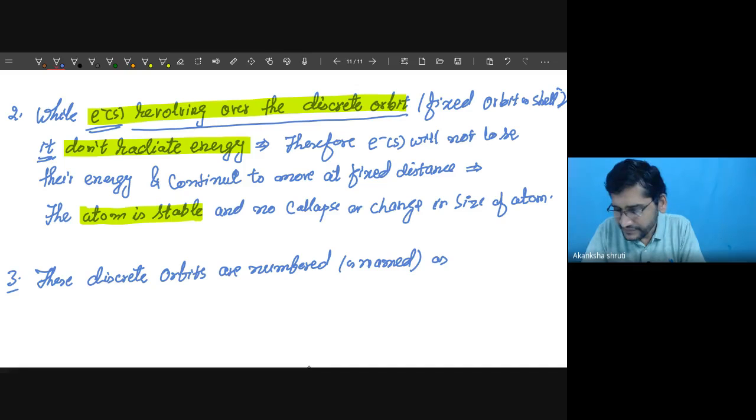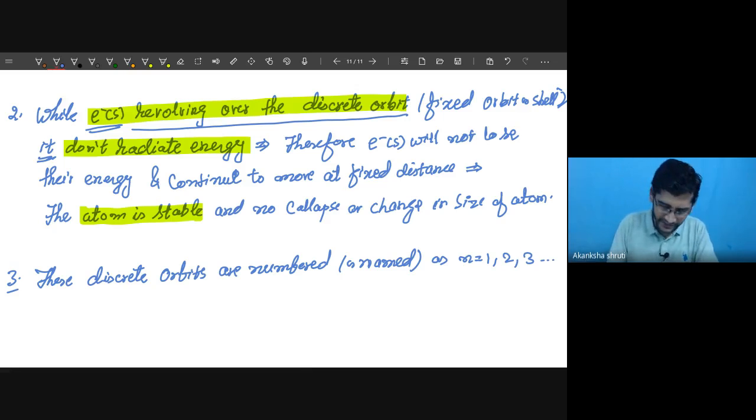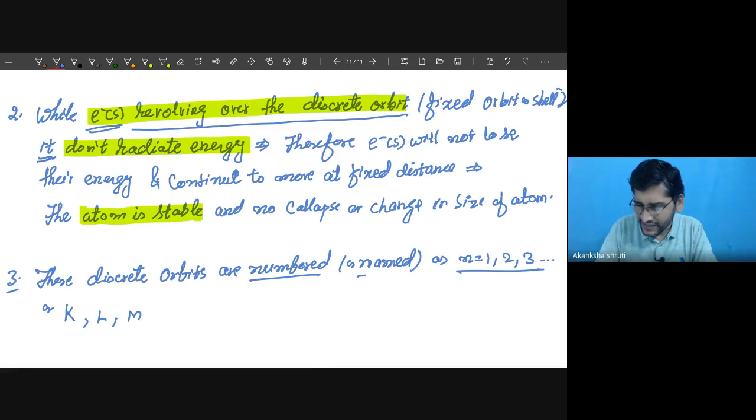As n equals 1, 2, 3, 4, 5, like this, each specific orbit is numbered. And if we consider names, then the name is given as K, L, or M. Number corresponds to this one and name corresponds to the K shell, L shell, M shell, N, and so on.